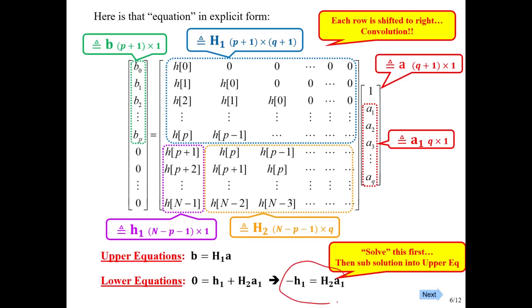So how do we solve this problem in a least squares sense? Well, go to your linear algebra course, and you learned how to do that. You take the H2 matrix, you take its transpose times itself, you take the inverse of that times H2 transpose times the thing on the left. Oh, yeah, and there's the negative out in front because that was there.